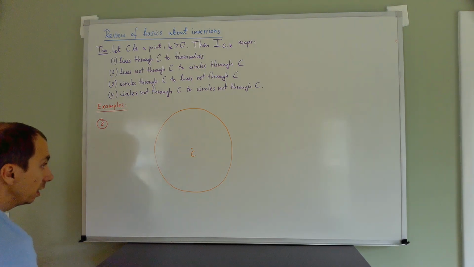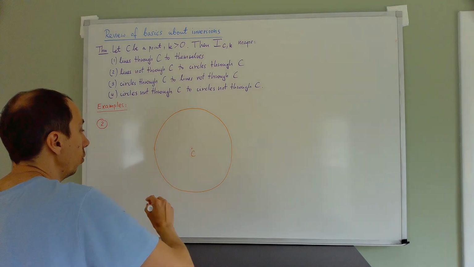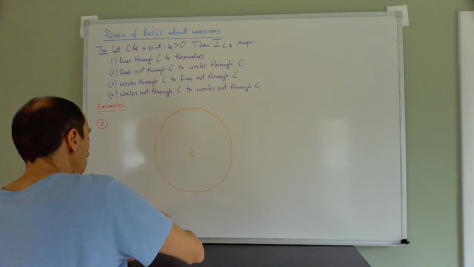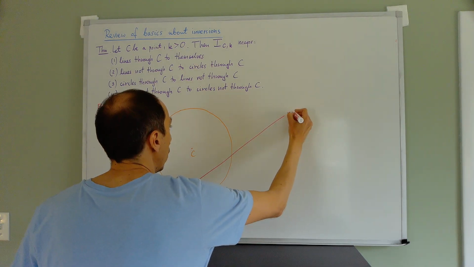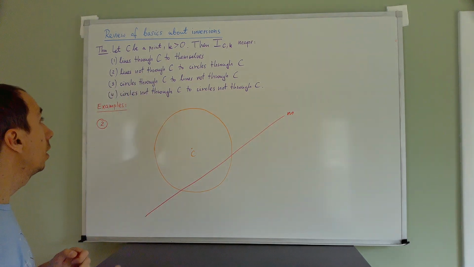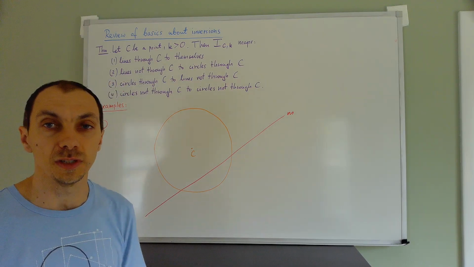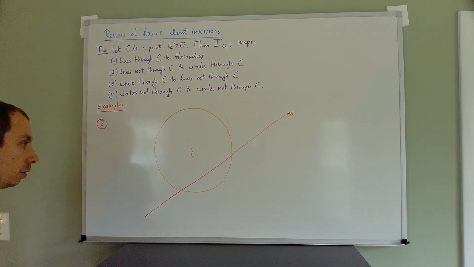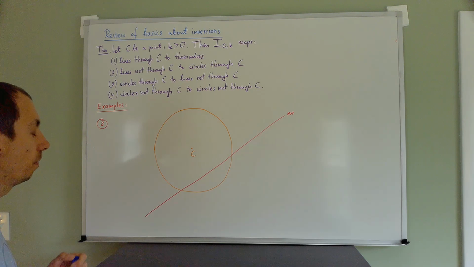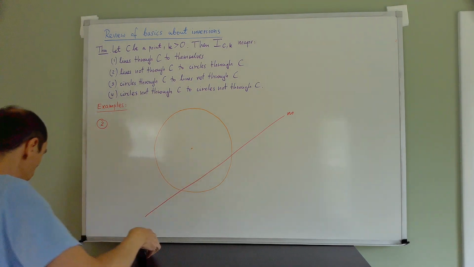And now I take a line M that will go through the circle, but still not through C, right? These are still lines that do not go through C. So just like the other time, let me actually move this C a little bit.